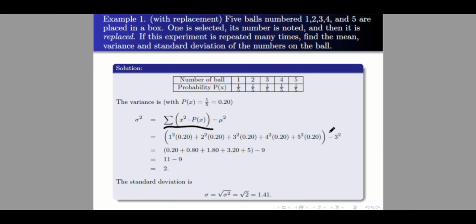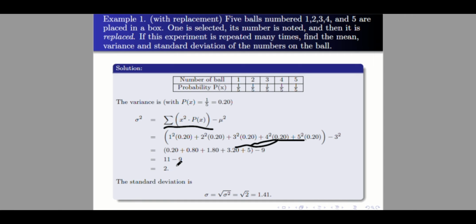You may use your calculator in computing this directly, or you may do it one by one. This is 0.2. The result of this is 0.8. The result of this is 1.8. For this, we have 3.2. And for this, we have 5. And 3 squared is 9.